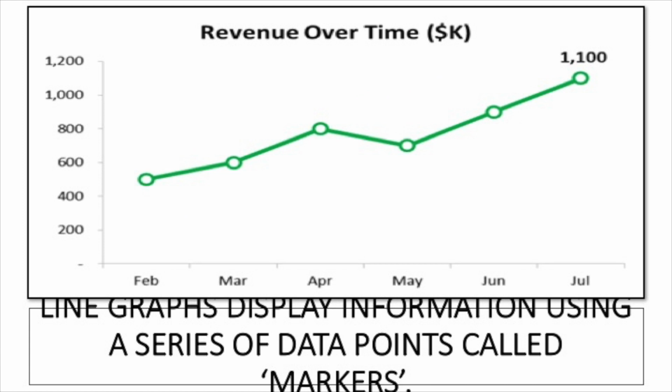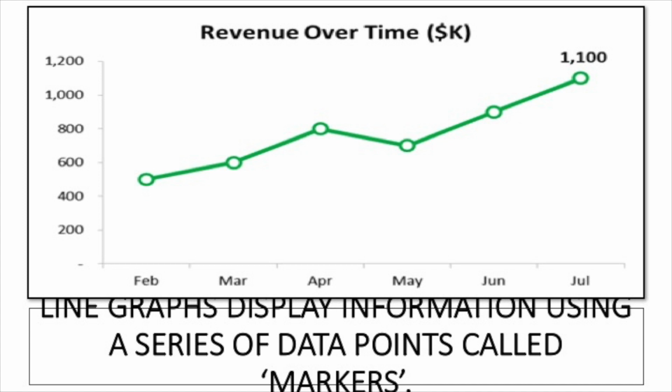Line graphs display information using a series of data points called markers. Okay, now these circles here, these points are known as the markers. These are what we do first before we use the lines. We need our data points to tell us where the markers should be.